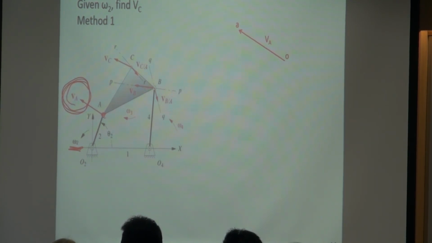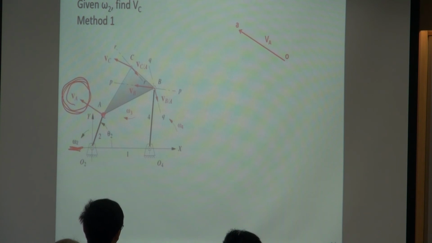I think it's easier because we already know one thing about VB. We don't know omega 4 yet, so we don't know the value of VB. But right now, we know the direction of VB, right?